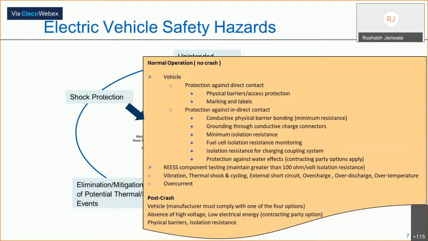Then one more thing is post crash. There are certain design rules that after a crash event, within certain seconds, the HV power should be cut off from all the loads, so that any emergency responder, or even somebody who wants to help the passengers, does not get exposed to live parts carrying high voltage.